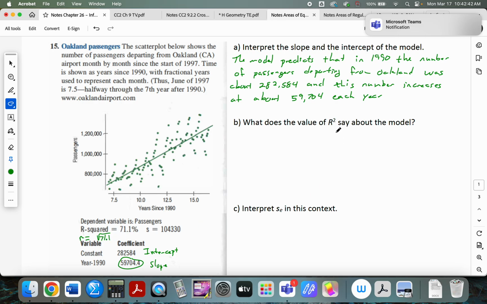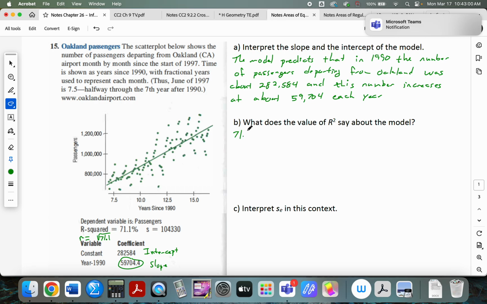But back to the original question, what does r squared tell us? It was like the majority of the data, right? I'll just tell you this one.